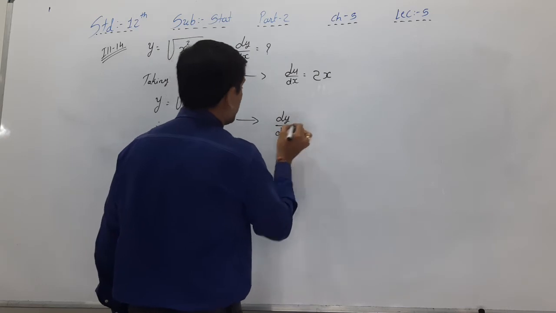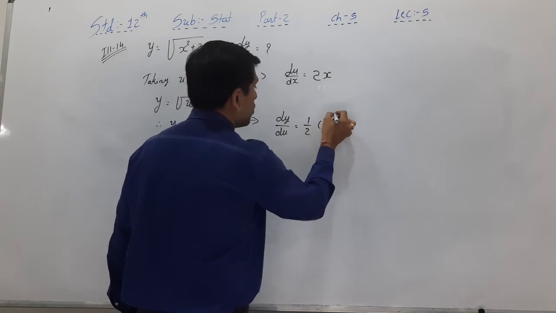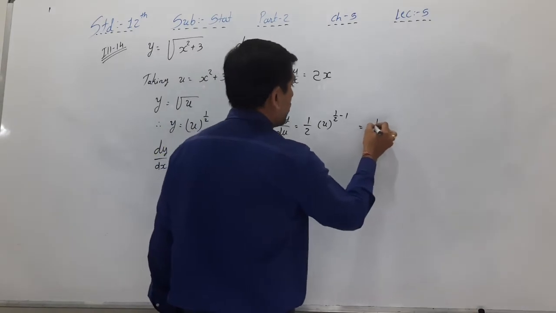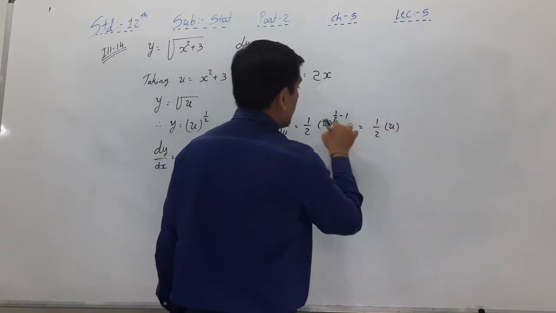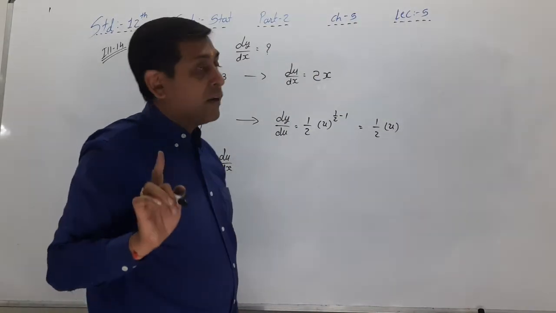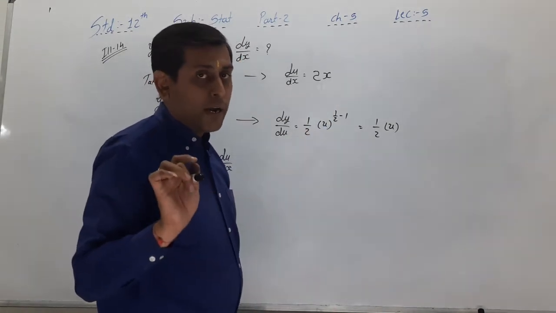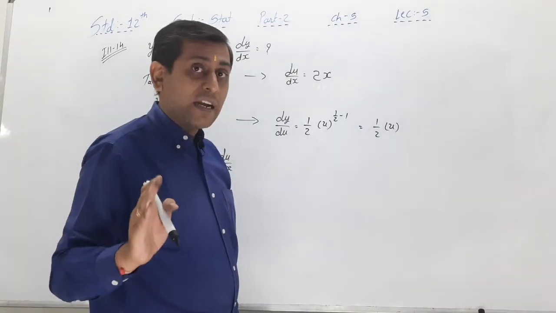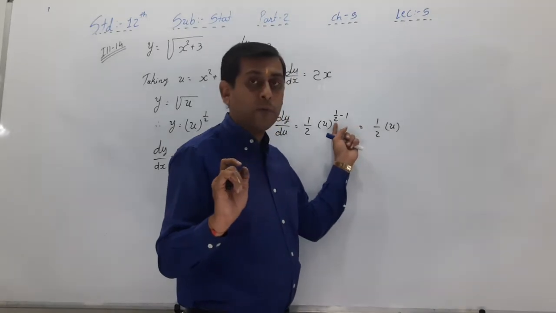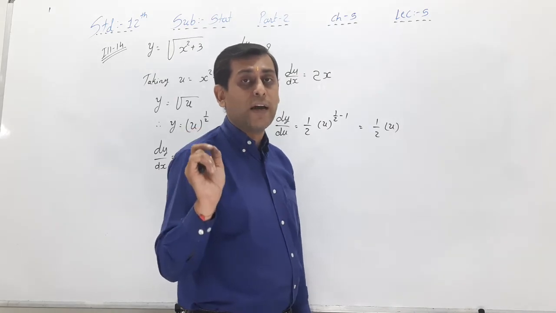Now dy by du. Here the formula gives 1 by 2 u raised to 1 by 2 minus 1. I also told you in lecture number 3 or 4 that 1 by 2 minus 1 is half minus 1, that is 0.5 minus 1, which is minus 0.5, that is minus 1 by 2.